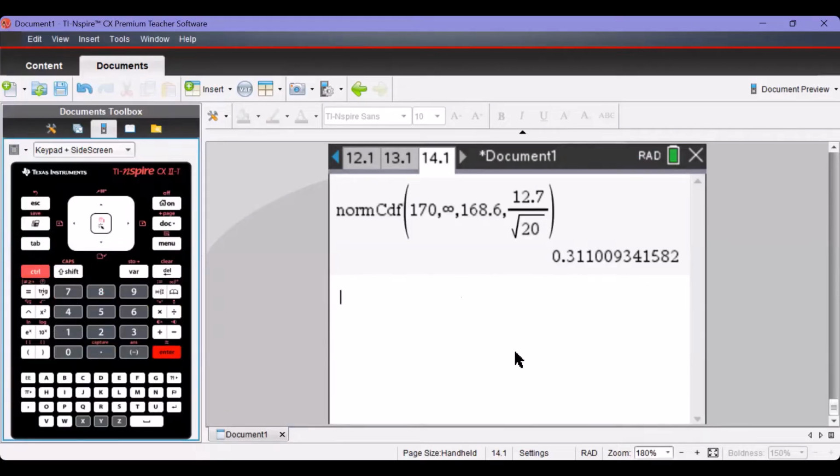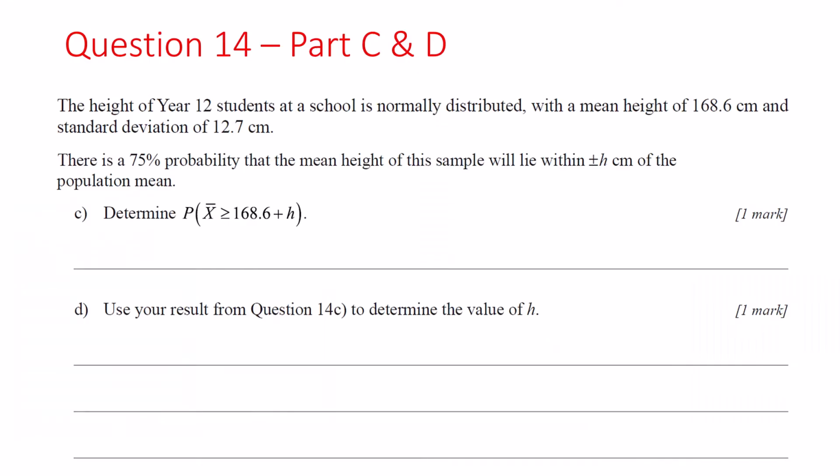And so the required probability that the mean height of this sample will be greater than 170 centimeters is 0.3110, correct to 4 decimal places. We're told that there's a 75% probability that the mean height of this sample will lie within plus or minus 8 centimeters of the population mean.